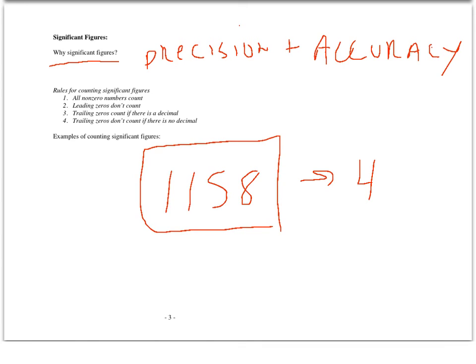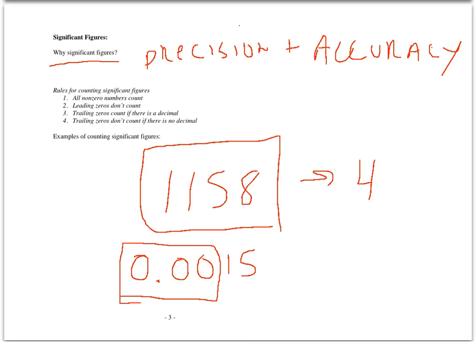Okay. Now it says leading zeros don't count. What I mean by leading zeros is when you have a decimal, like 0.0015, these zeros here do not count. They're just placeholders, so they don't count as significant. And that's what you have to understand, the hard part is, are the zeros significant or not?